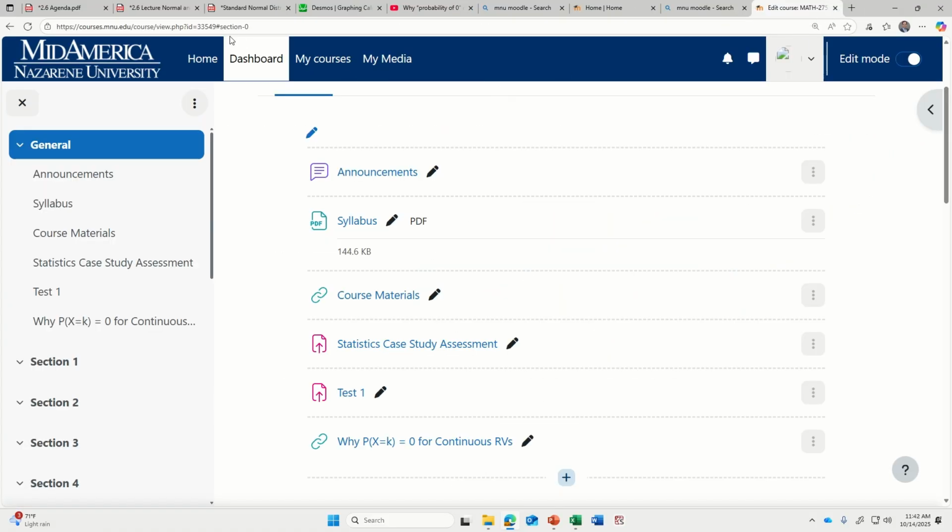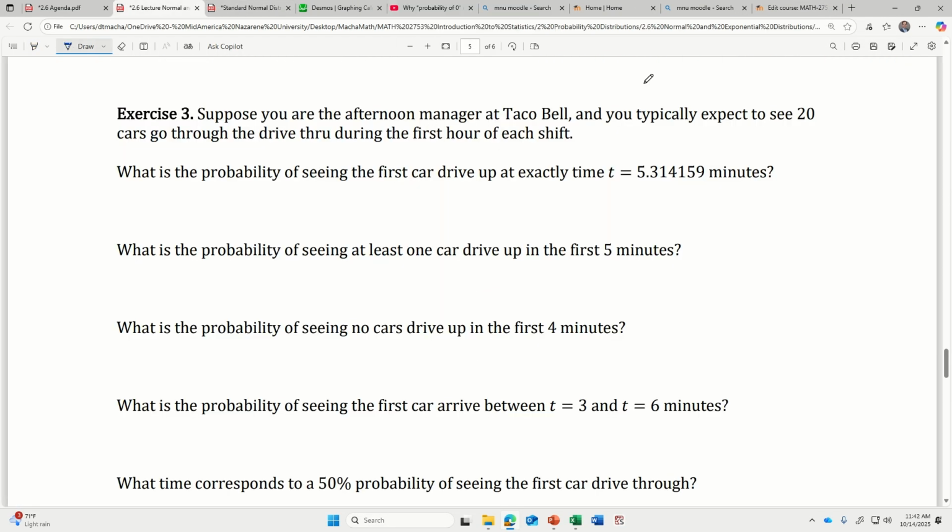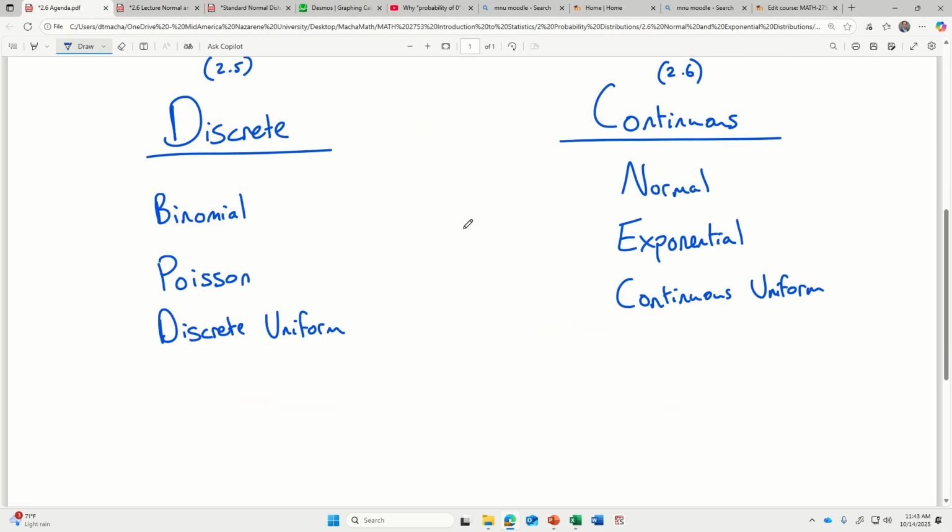Really, these are not the only distributions, right? These are the only ones we're going to talk about in our intro to statistics class, but that's not the end of the whole story of statistics, right? There's other probabilities that people want to calculate and discuss, and there's other distributions out there.